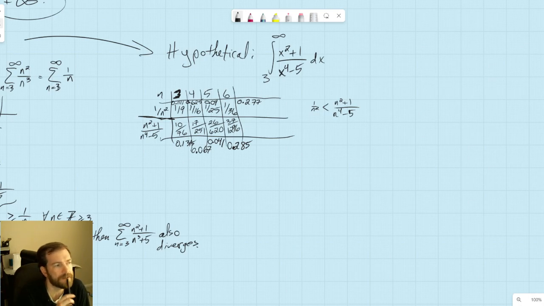On the other hand, we should be able to just transform the comparison and say, what about 1/n minus 5 squared, n minus 3 squared? So maybe this will do it. Let's see.